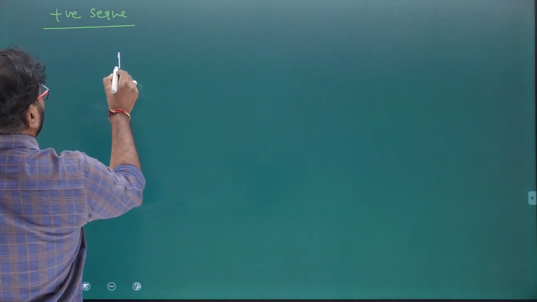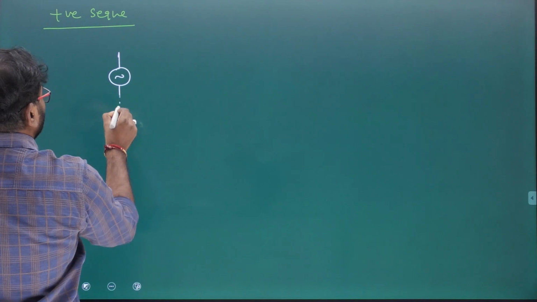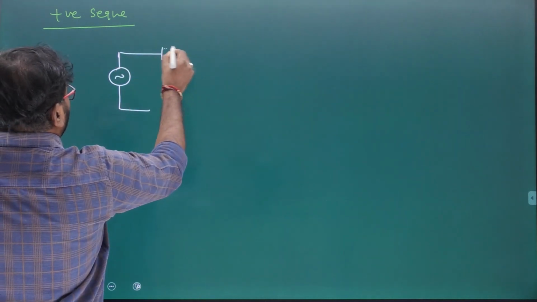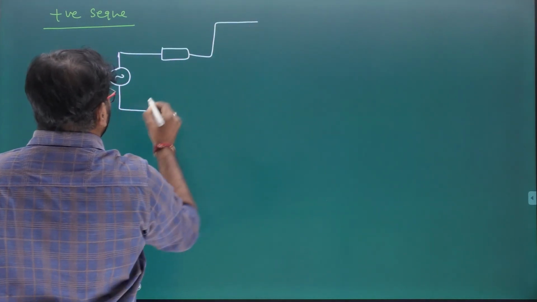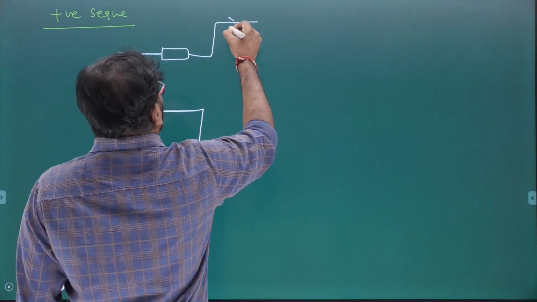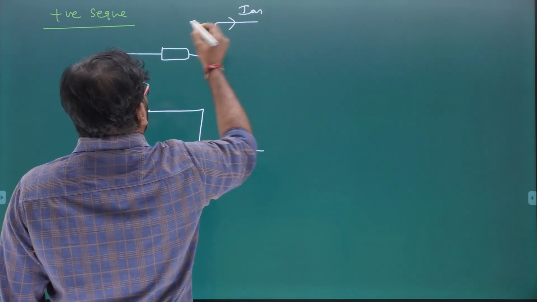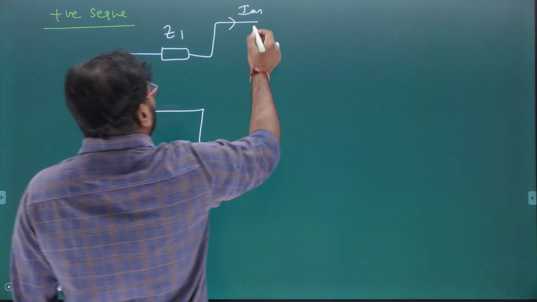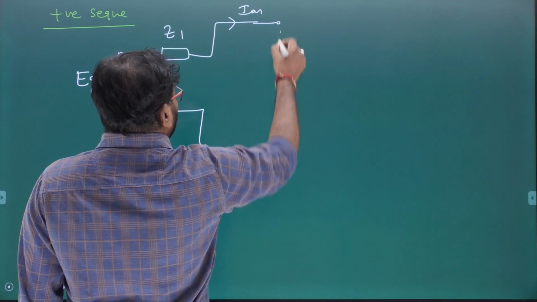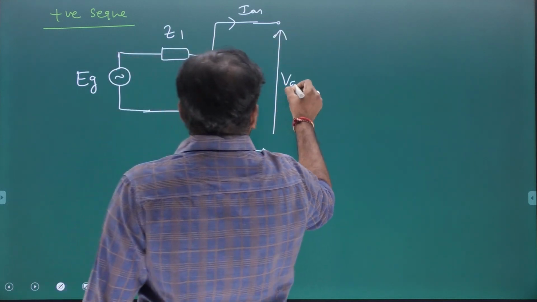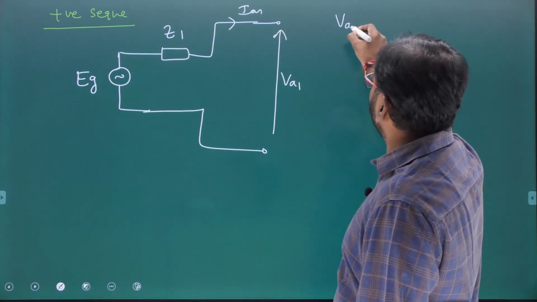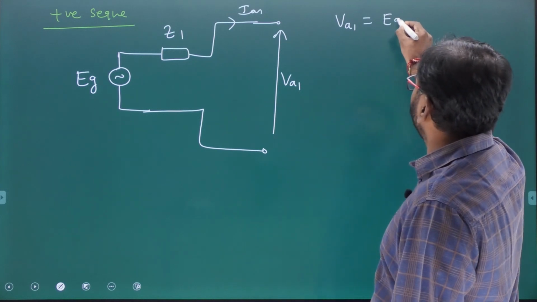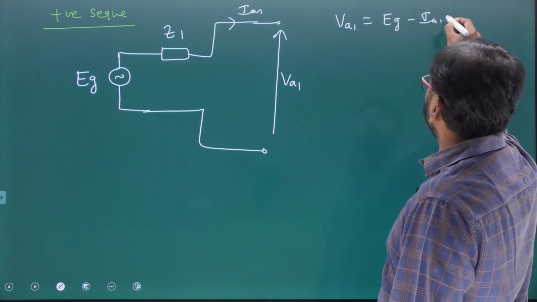There is a generated voltage Eg, and a positive sequence impedance Z1, with current IA1. This is the positive sequence equivalent circuit of the generator. So the expression for VA1 is Eg minus IA1 Z1.